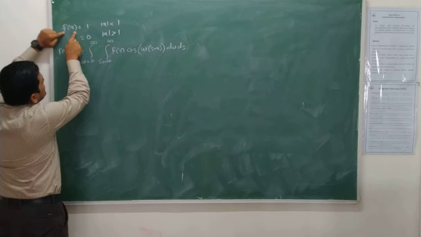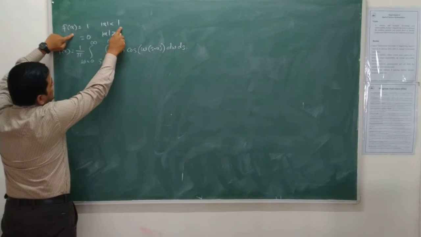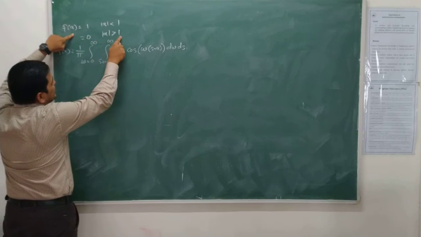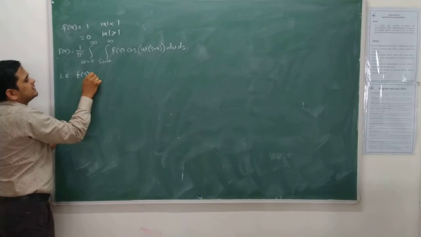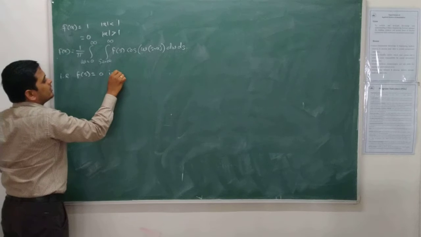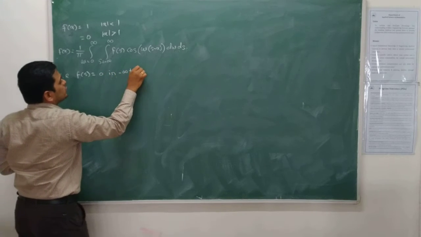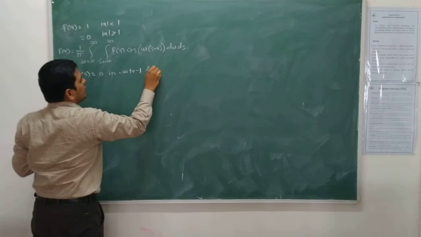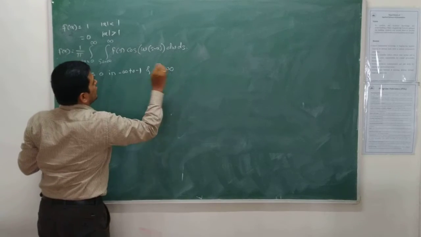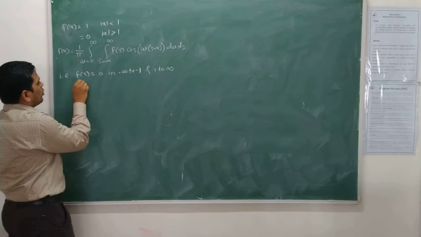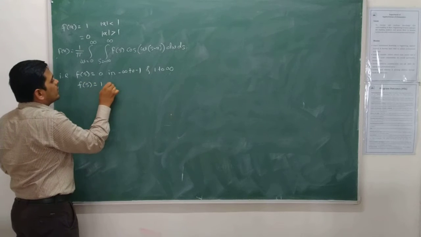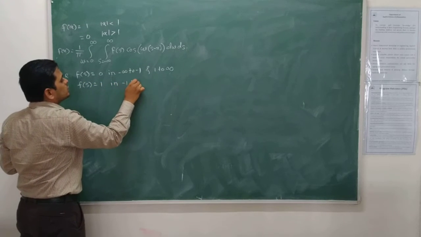So we get f of s equal to 1 for mod s less than 1 and equal to 0 for mod s greater than 1. That is, f of s is equal to 0 in minus infinity to minus 1 and 1 to plus infinity. In this part, the value of f of s will be 0, and f of s is equal to 1 in the interval minus 1 to 1.